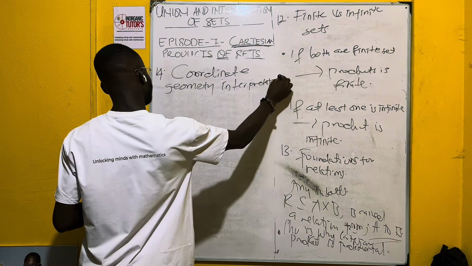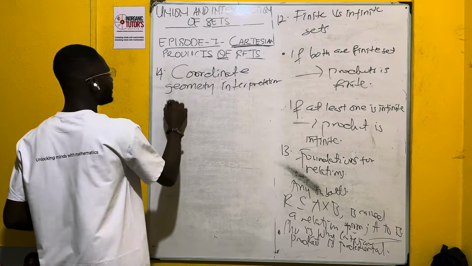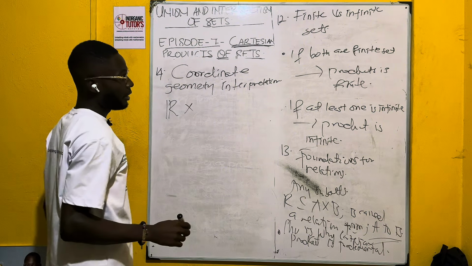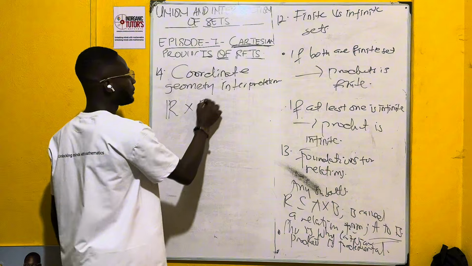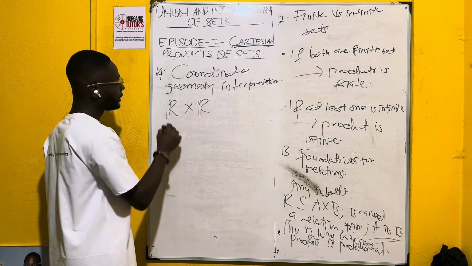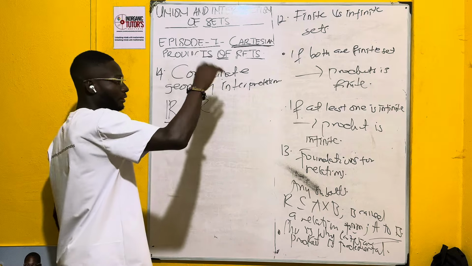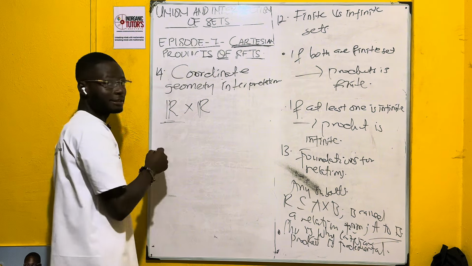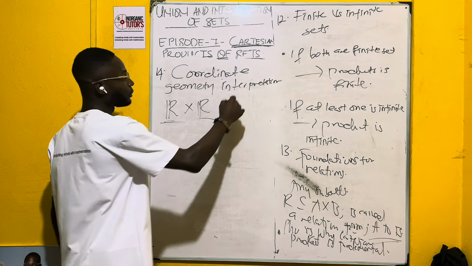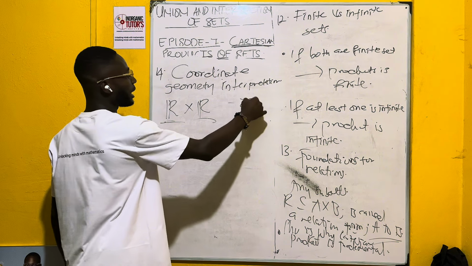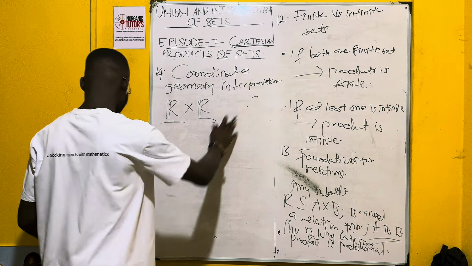So let's say that we have R cross R. This is X, the Cartesian plane. This is X and this is Y. So you can say that this result was R squared.